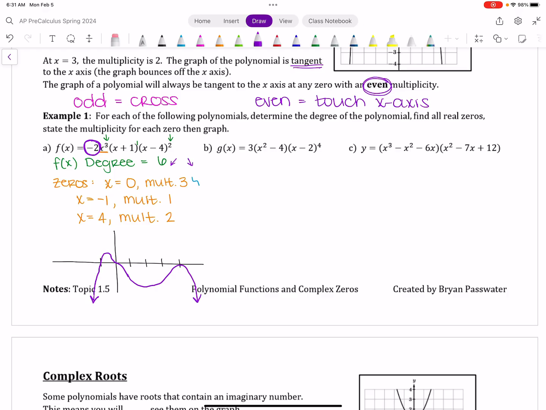Next, if we take a look at g of x, we do have to do a little bit of work here. It's not completely factored. If we look at this x squared minus 4, that is a difference of squares.